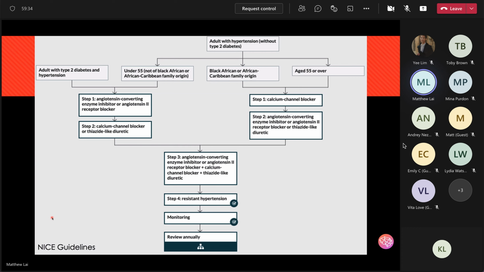And this is another big flowchart from NICE, but the reason why I put it here is so that you can sort of fit in where all these medications fit in terms of how you would actually treat a patient. And so this can be sort of read in your own time.